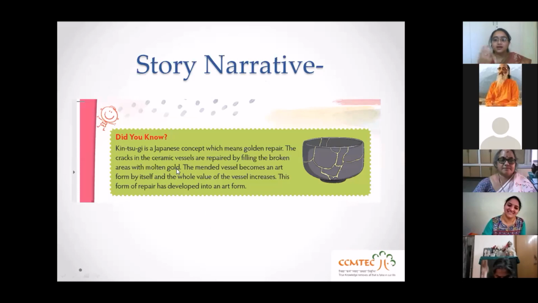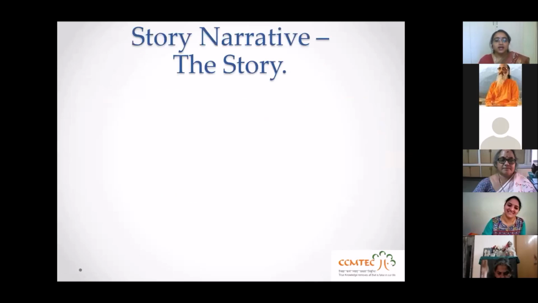Those areas are painted with molten gold, and that has become such a fashion today that it is getting sold in markets for some good prices, right? So what we are trying to convey from here is how we add value to something which we think is worthless or useless, but by doing something creative and innovative, we try to get our self-worth.